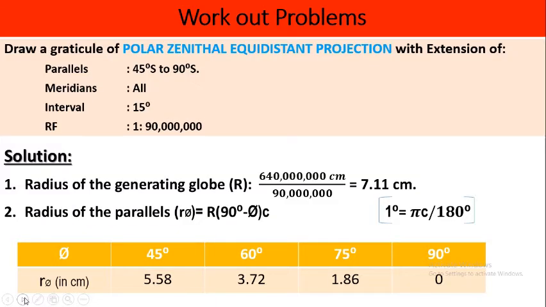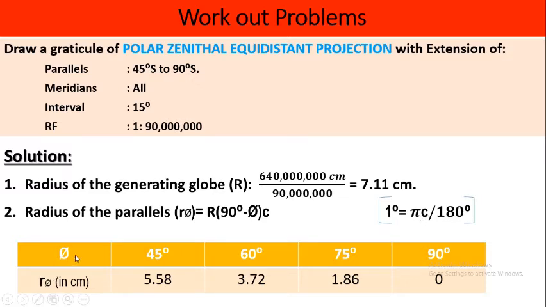Now, one worked-out problem is given here. 45 degrees south to 90 degrees south, meridians at an interval of 15 degrees, and RF is 1 to 90 million. From this RF we can generate the radius of the generating globe, that is 7.11 centimeters, and the radius of the parallels is (90 minus phi) in radian measurement. 1 degree is equal to pi radian by 180 degrees.